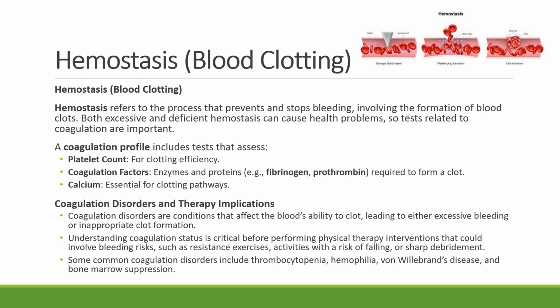Tests such as prothrombin time or PT, activated thromboplastin time or APTT, and INR, which is International Normalized Ratio, are commonly used to evaluate clotting function and manage patients on anticoagulant therapy.